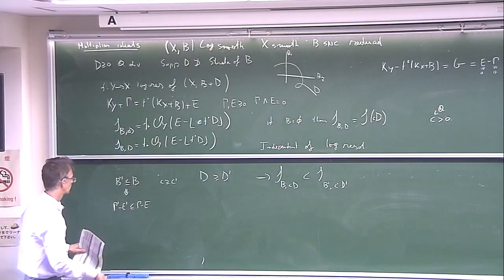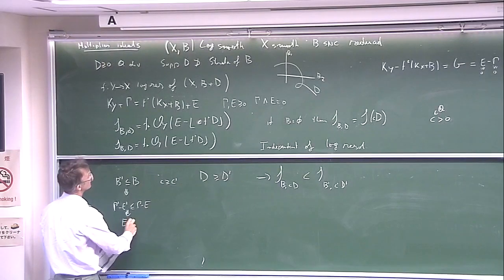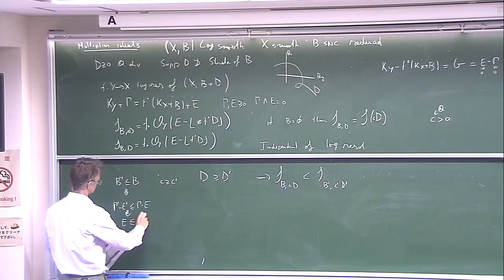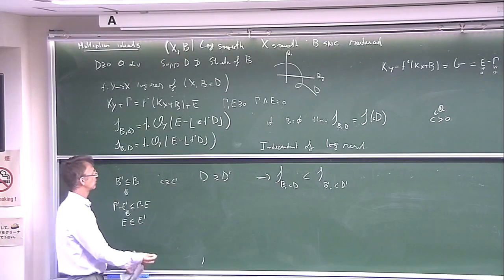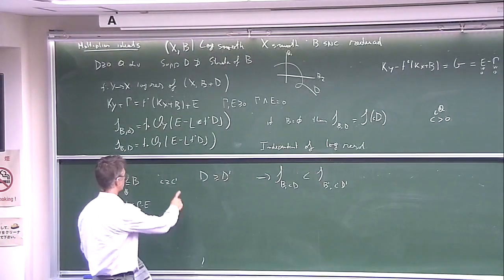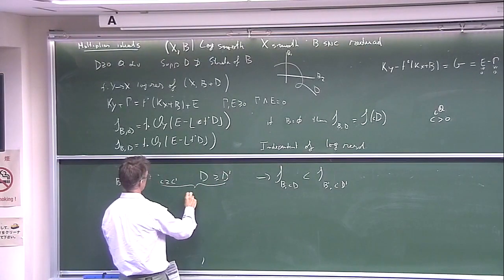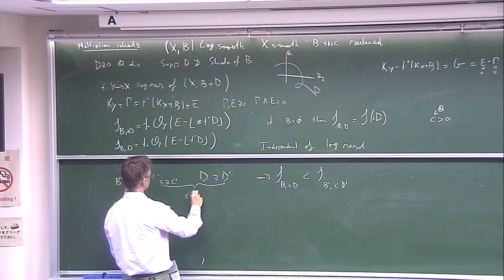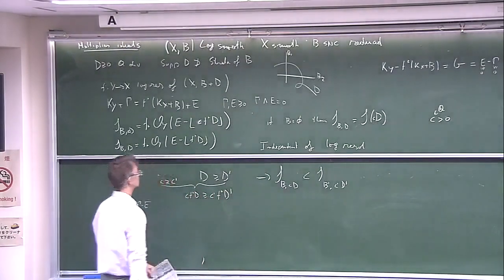You stare at this for a second and convince yourself that this means E is less or equal to E prime. Now from these two, you also have that C pullback of D is greater or equal to C prime pullback of D prime.